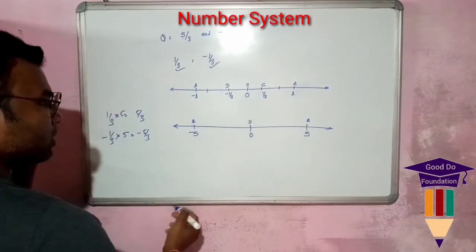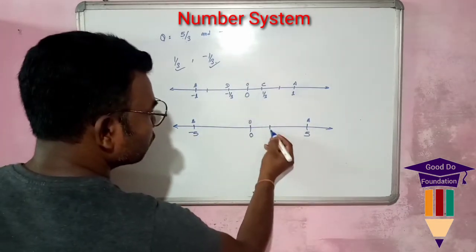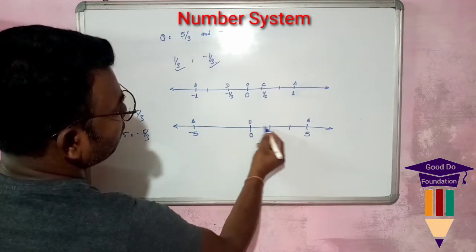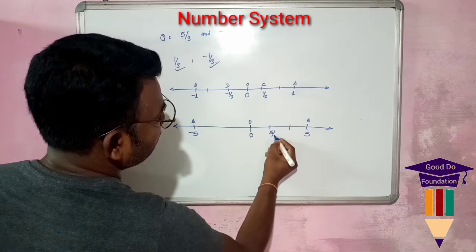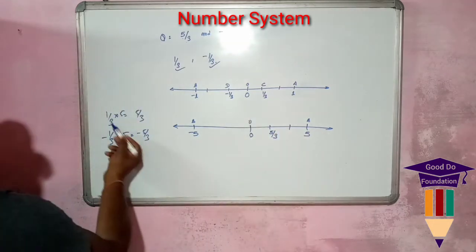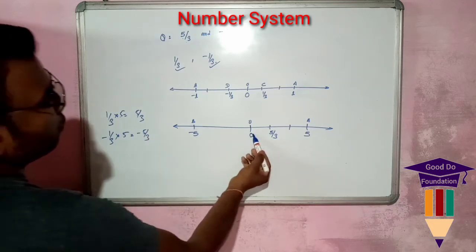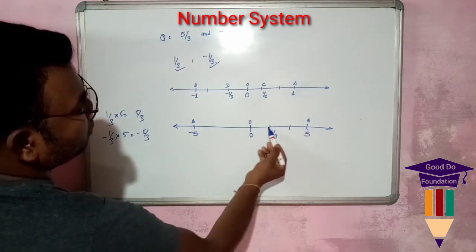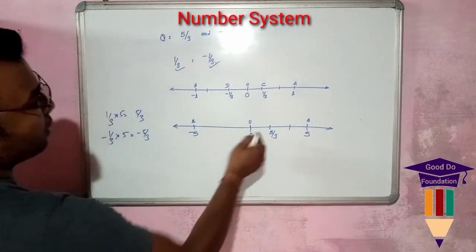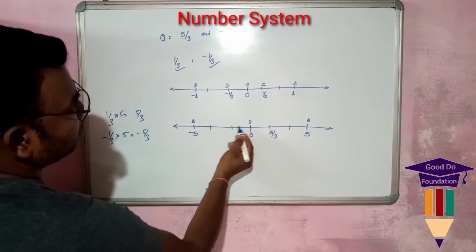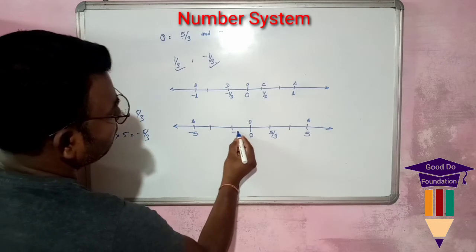Again, I will go with the same process. This side I will divide into 3 parts, and one part of this will be 5/3. See, I am multiplying it by 5, so one portion of this will be 5/3. Similarly, I will divide into 3 parts, and one portion of this will be -5/3.